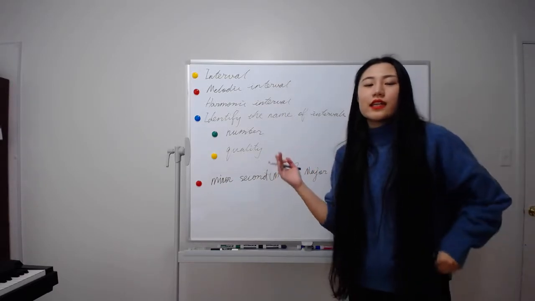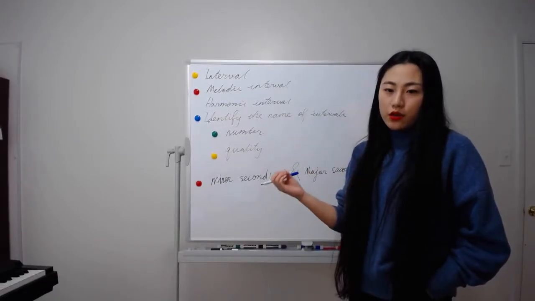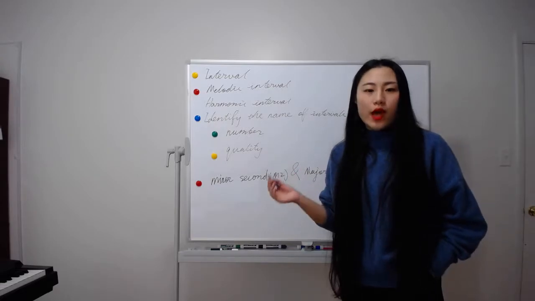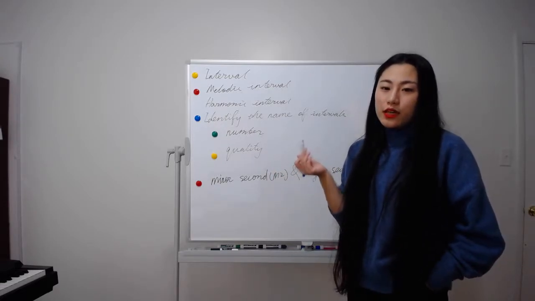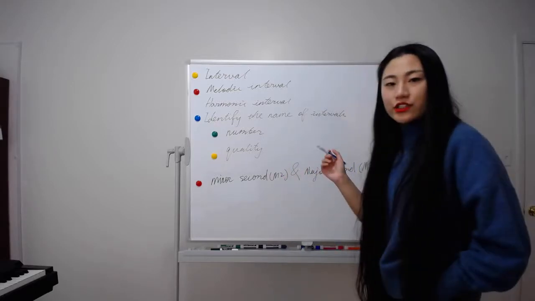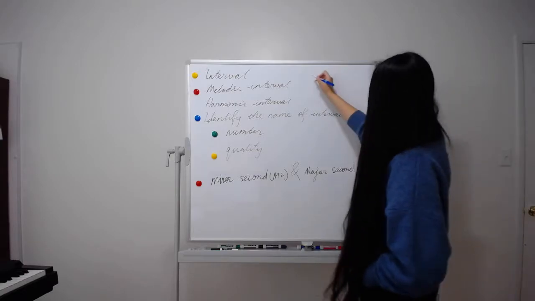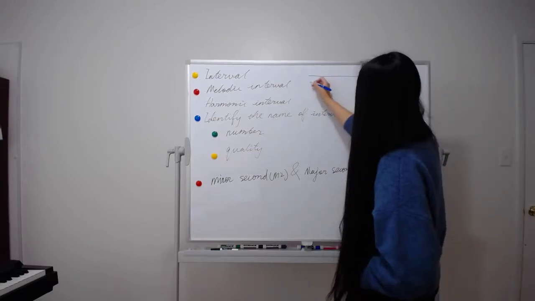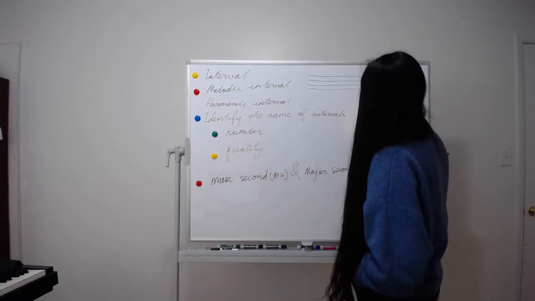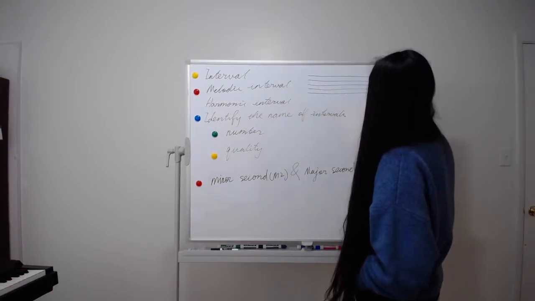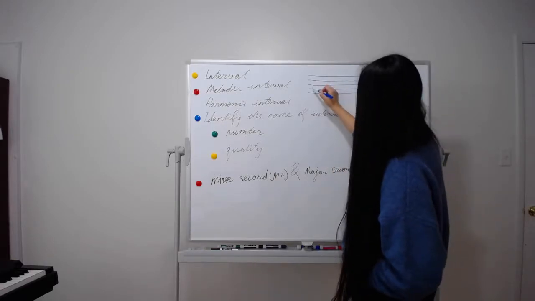Because the melodic interval occurs when two notes are played in sequence, when we write the melodic intervals, we write in a certain sequence. For example, let's see D and G. We write the melodic interval like this. The D is the lower note and the G is the upper note.